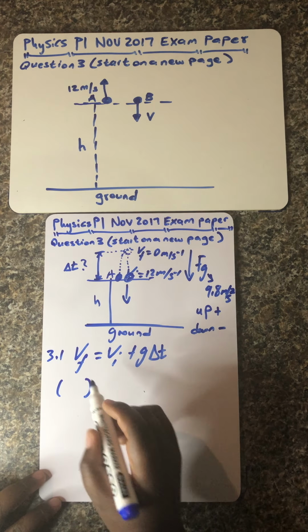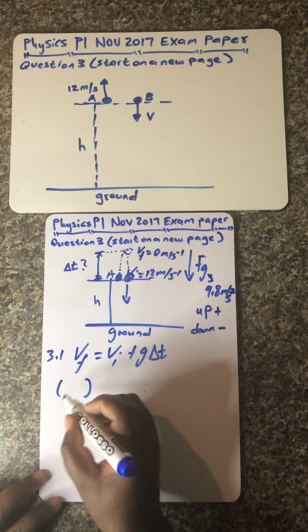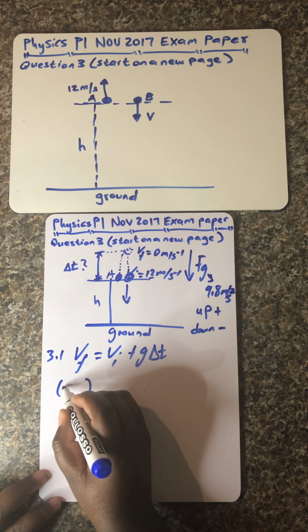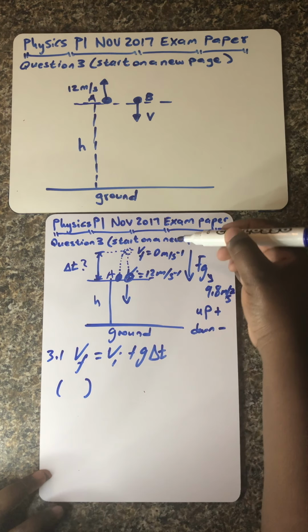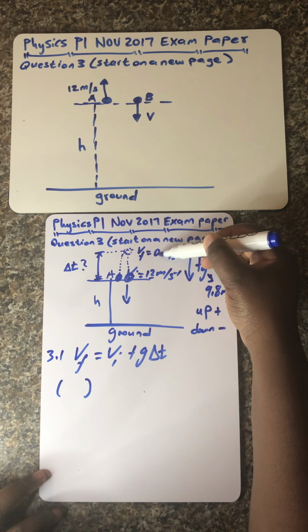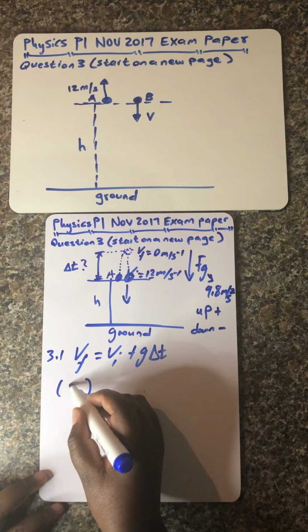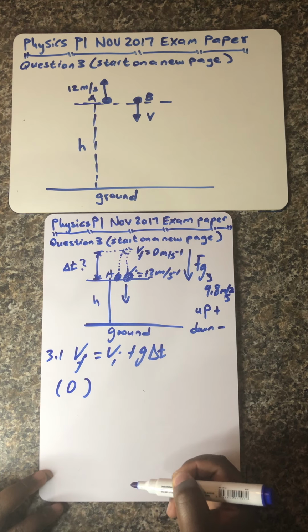In this case, because we assume object going up as positive, for its final velocity 0, either you assign a positive or negative sign on 0, it makes no difference. So we can just write it as 0.